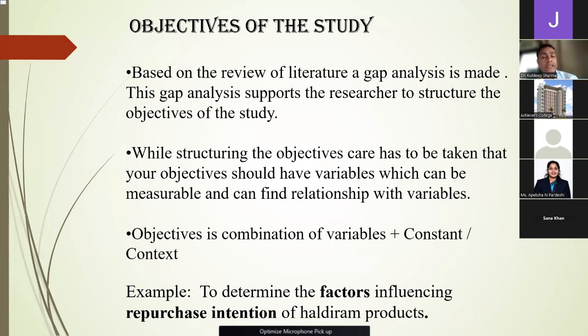An objective is a combination of many things. We have two variables. Sometimes we have a variable plus a constant variable. We have a context also. We may have two variables at the same time, three variables at the same time, or only a single variable. So here I have an example: to determine factors influencing repurchase intention of Haldiram products.